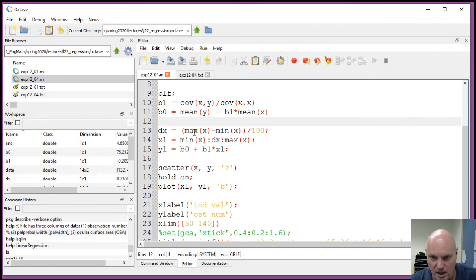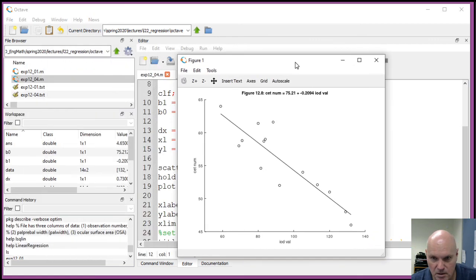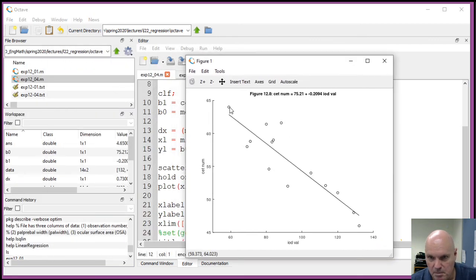That vector has 100 points between my minimum x data value and the maximum. And then I generate a corresponding y vector. And when we plot that, you get this. The circles represent our data point pairs in our scatter plot, and then here's the regression line.